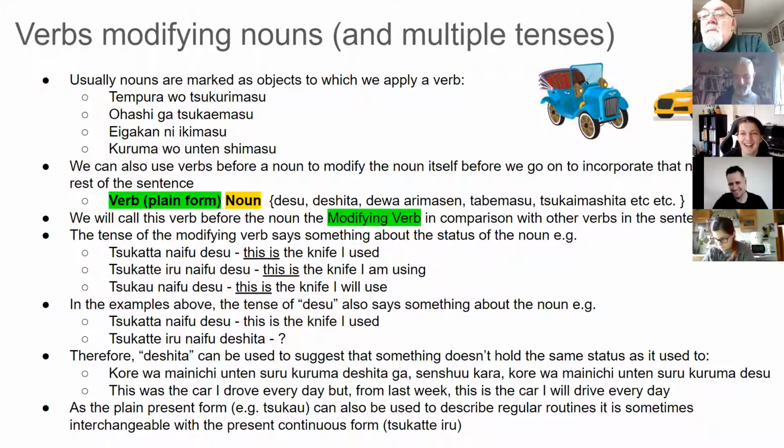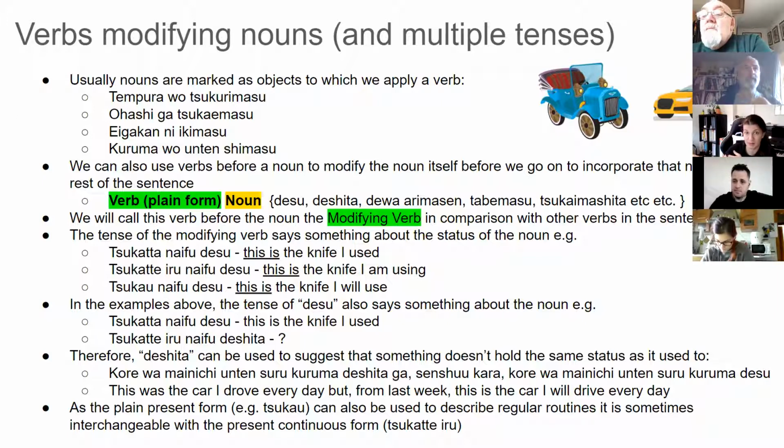Can you use, for example, the tsukatta knife deshita? Like, for example, you're two people, and one is cutting meat with something and I don't want the other person to use that to cut vegetables. So I can say in that case, this is the knife that I used to cut meat, so don't use that.